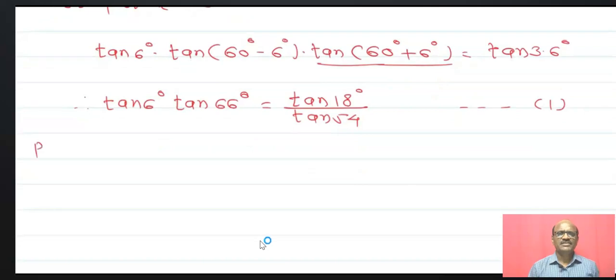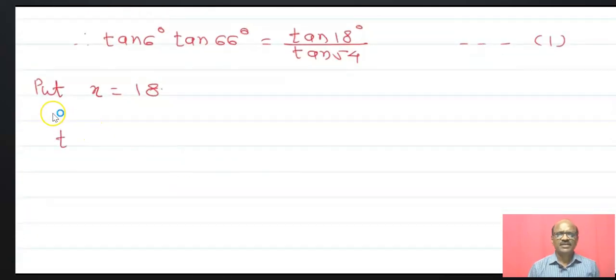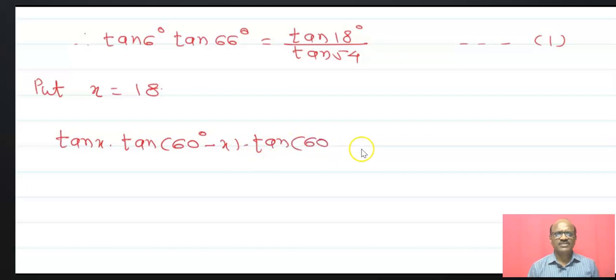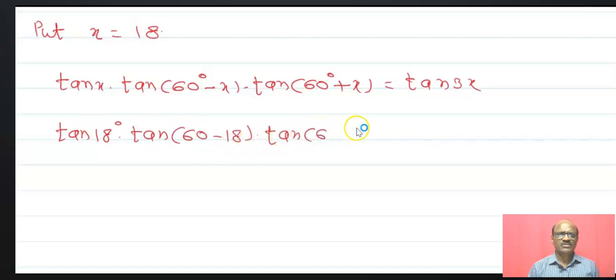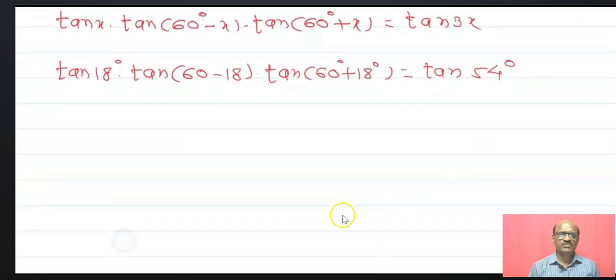This is the right hand side; on the left hand side we have brought 54 to the divide side. Now put x equals 18 degree, that is tan x, tan of 60 minus x into tan of 60 plus x, and that equals tan of 3x. Now replace x by 18: tan of 18, tan of 60 minus 18 into tan of 60 plus 18, and that equals tan of 3 into 18, that is 54.